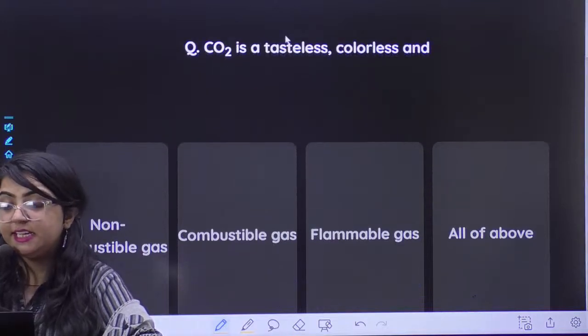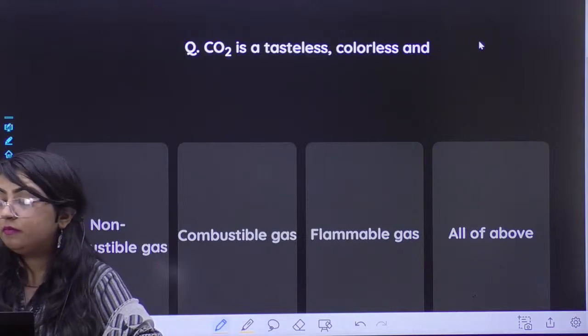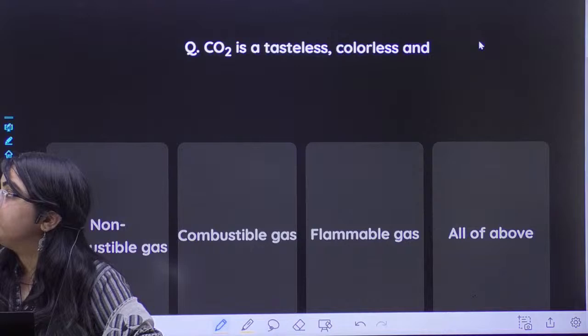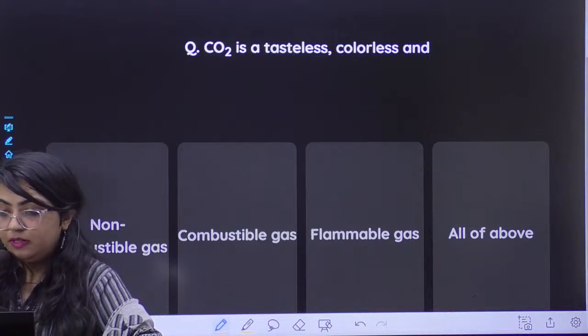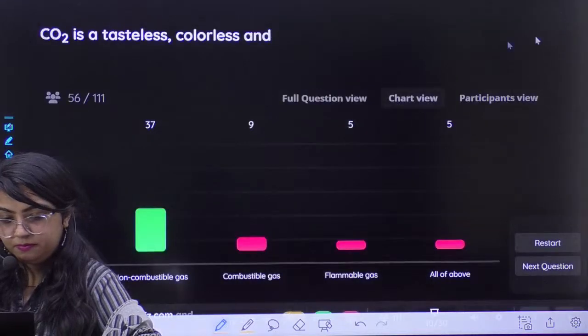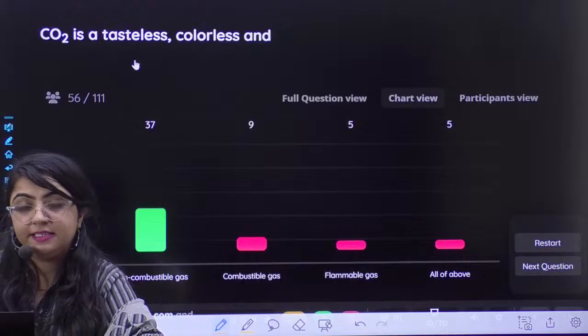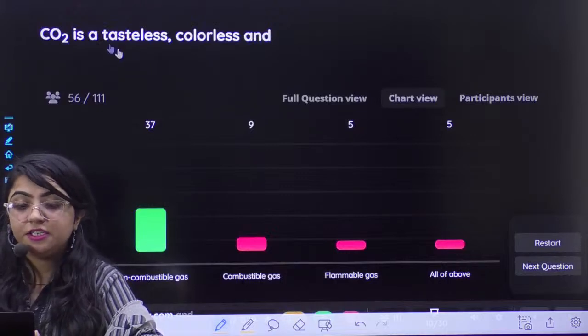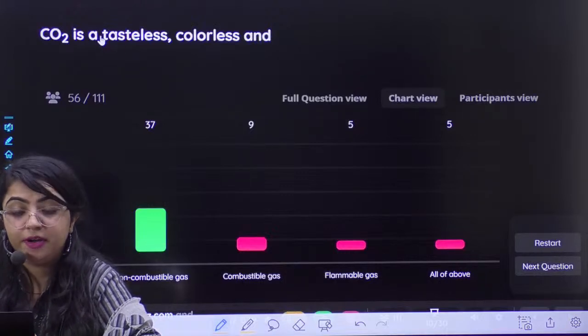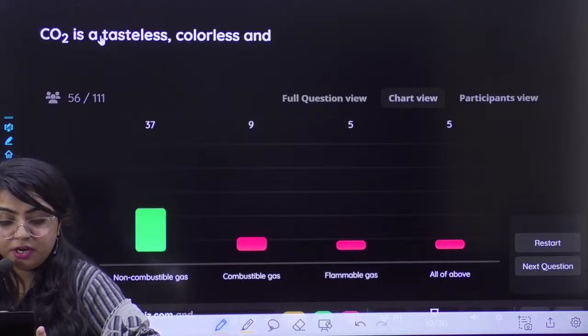CO2 is a tasteless, colorless, and find the third property of it. Let's check its correct option. Yes, the correct option for this is non-combustible gas. As mentioned here, CO2, that is carbon dioxide, is tasteless, colorless, and a non-combustible gas.